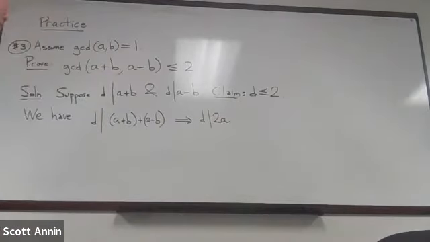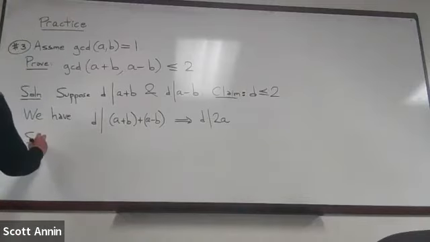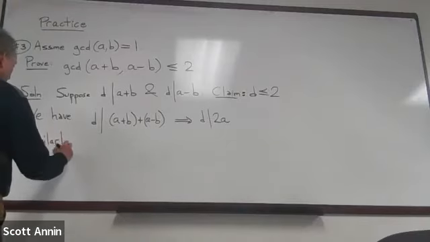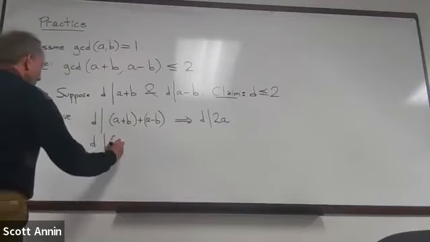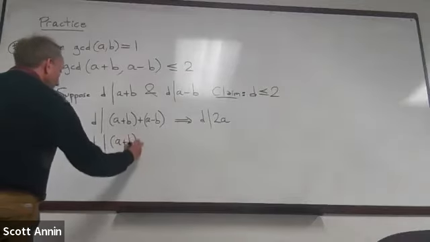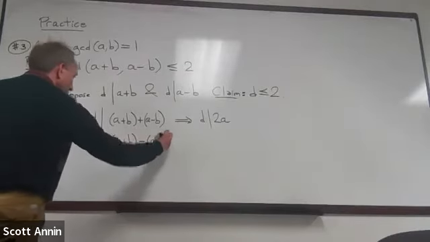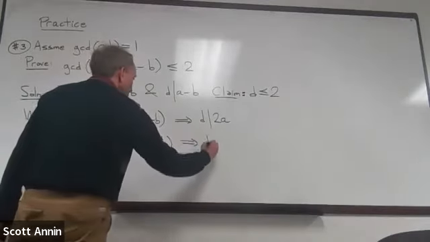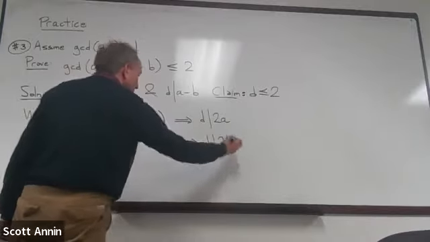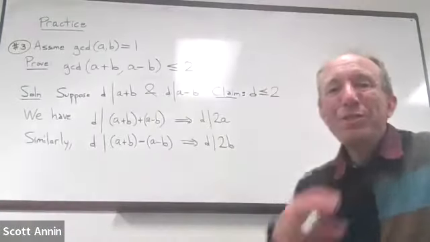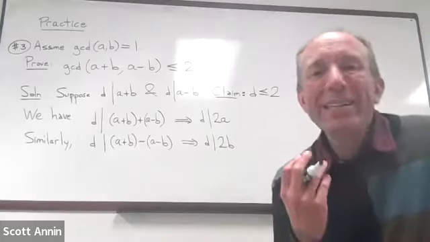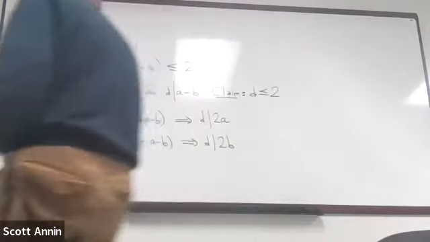All right. And similarly, D would also have to divide the difference of those 2 numbers. And if you just subtract them, you actually get 2B.